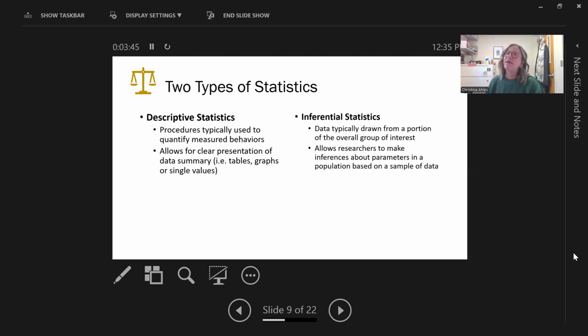Basically, we can infer that what we see in the sample, we would see in the larger population. We'll talk about the difference between populations and samples as well. But this is where we can start inferring things about the general population and testing hypotheses. So let's look at how we do this.